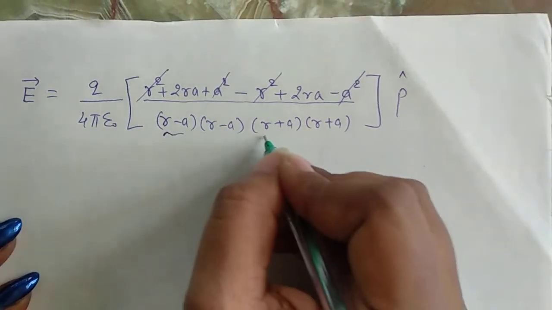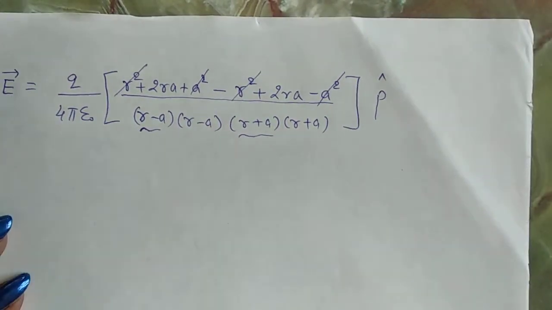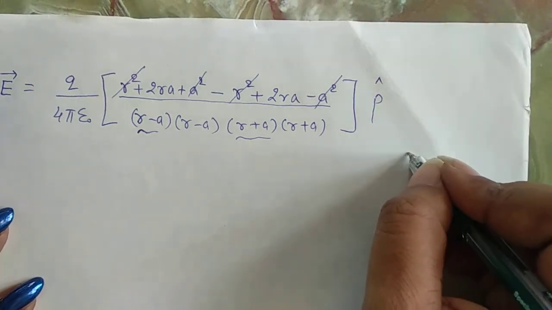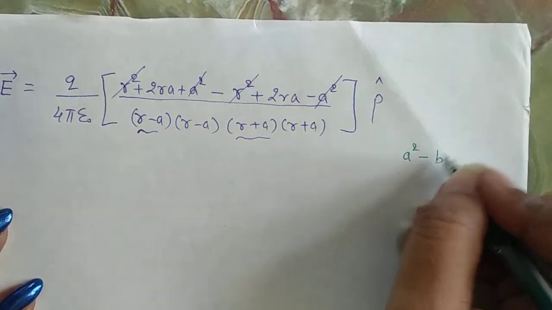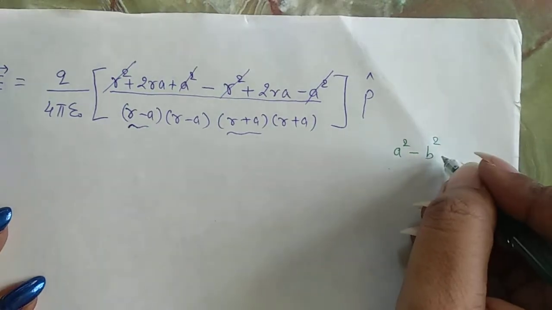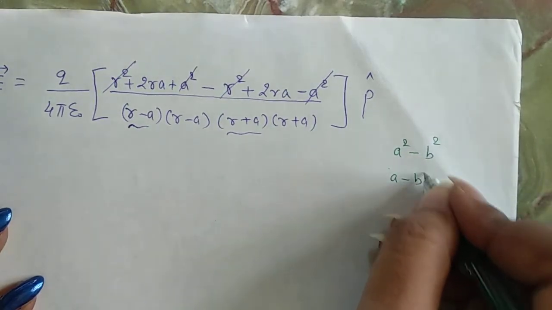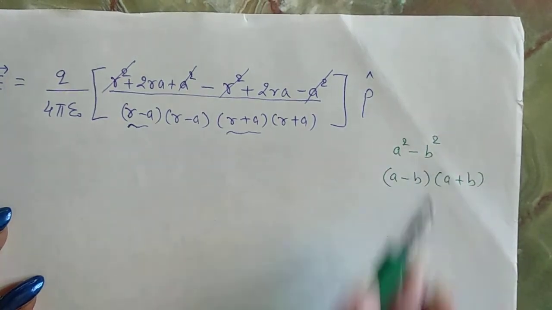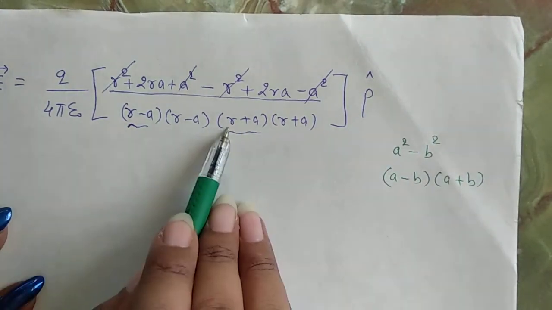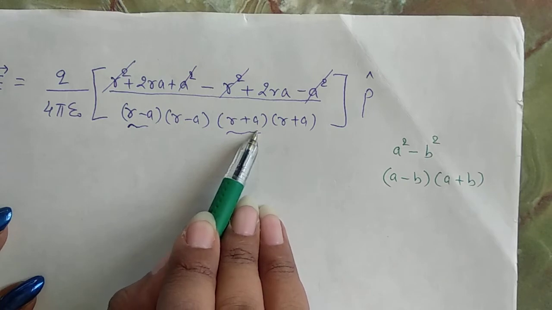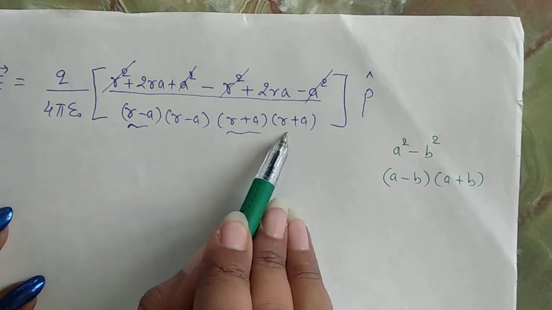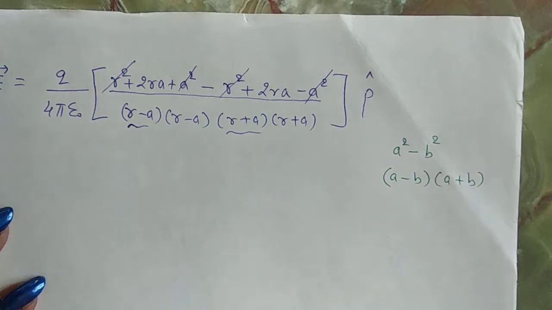And just see, this is the formula for a square minus b square. This used to give us (a minus b) into (a plus b). So from this formula, (r minus a) into (r plus a) will give you r square minus a square. Same way, again this into this will also give you r square minus a square.